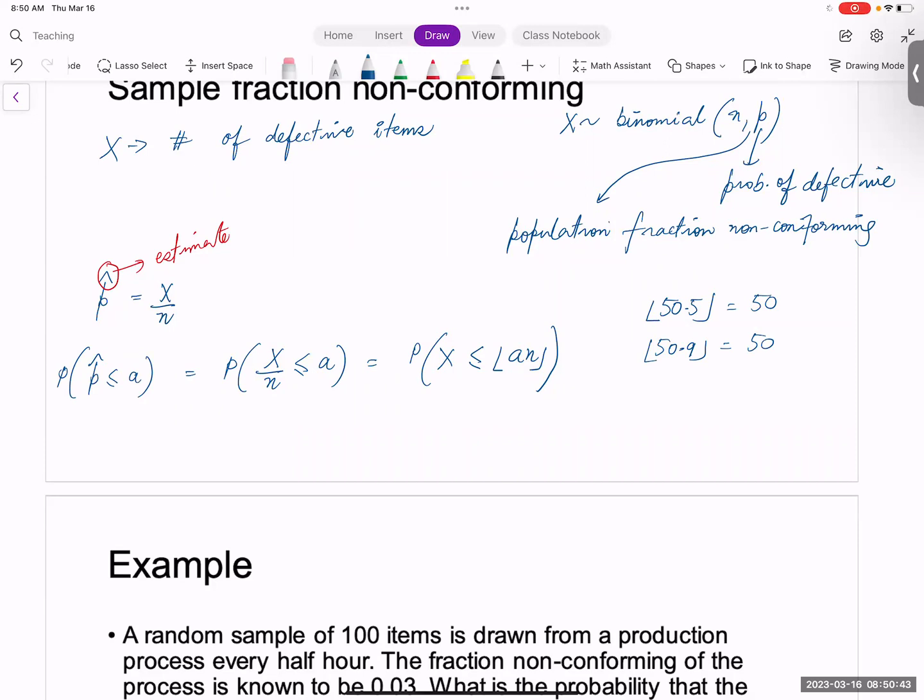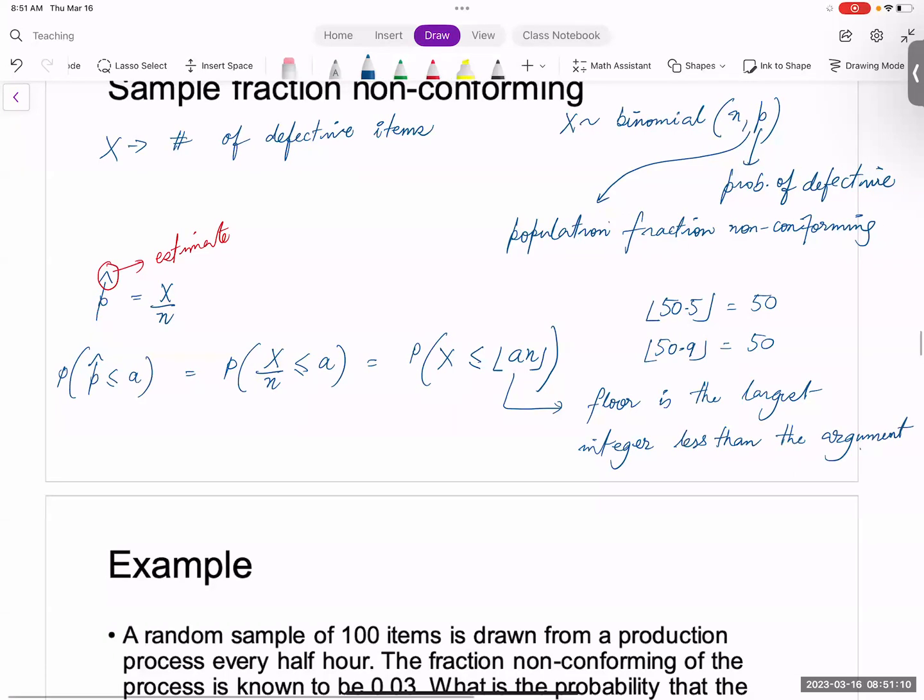So floor is the largest integer less than or equal to the argument.